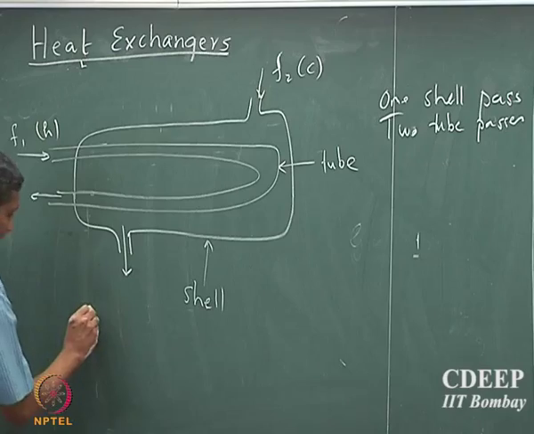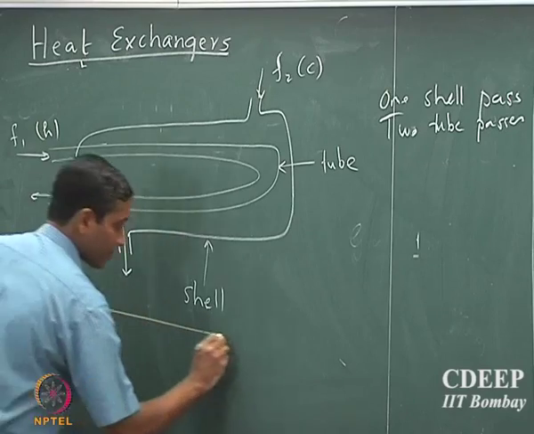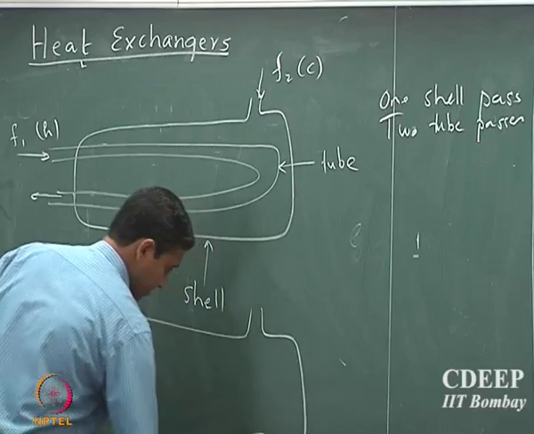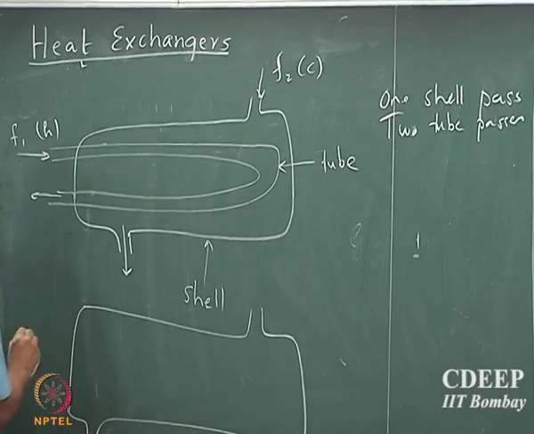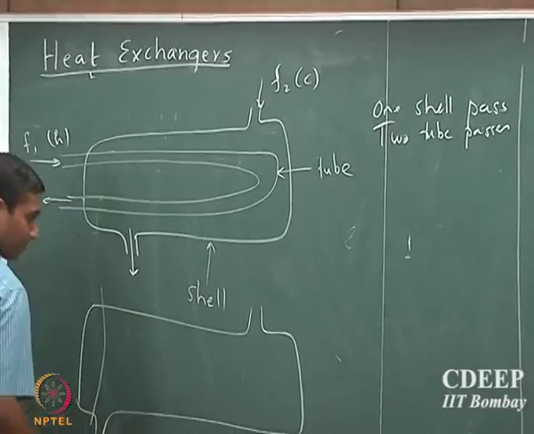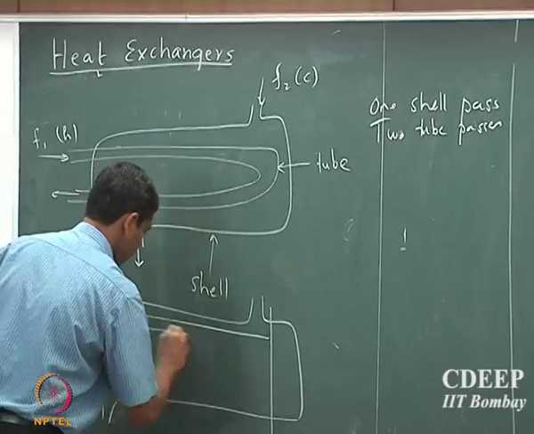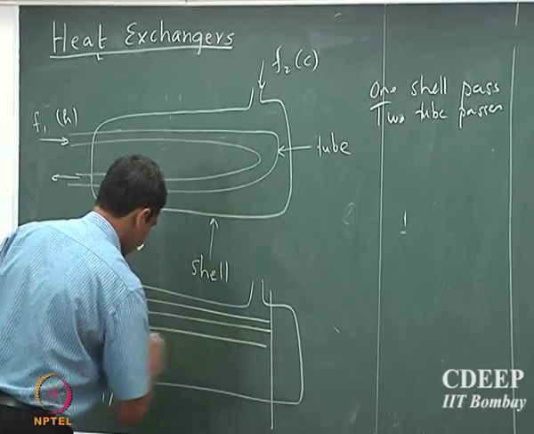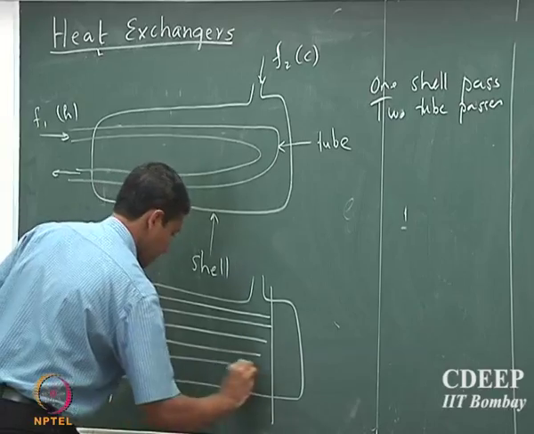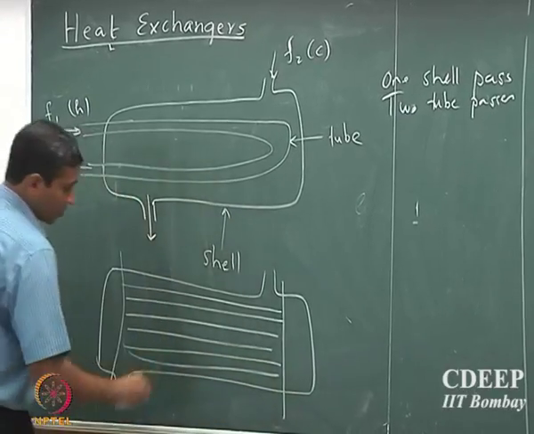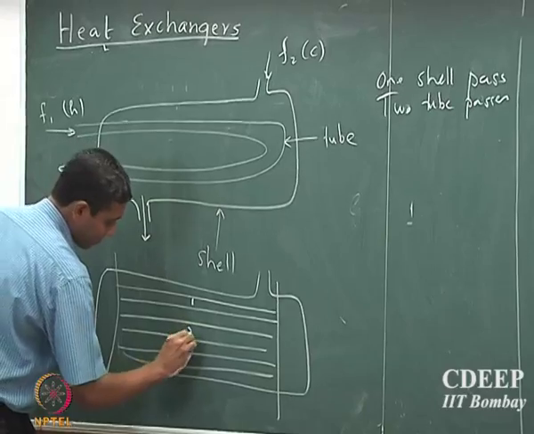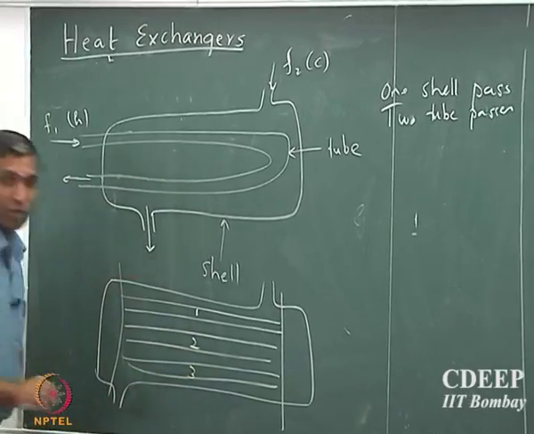The way to visualize that is, okay, I have three tubes, tube 1, tube 2 and tube 3.